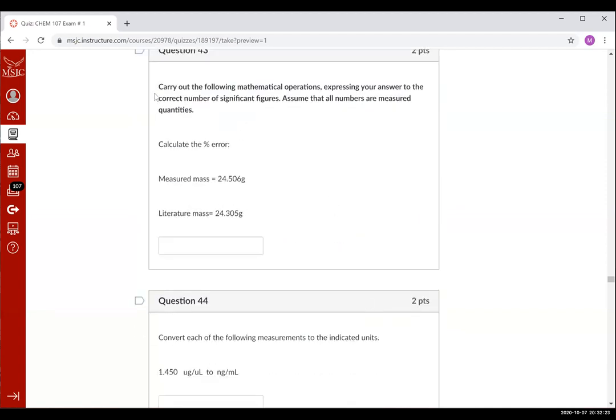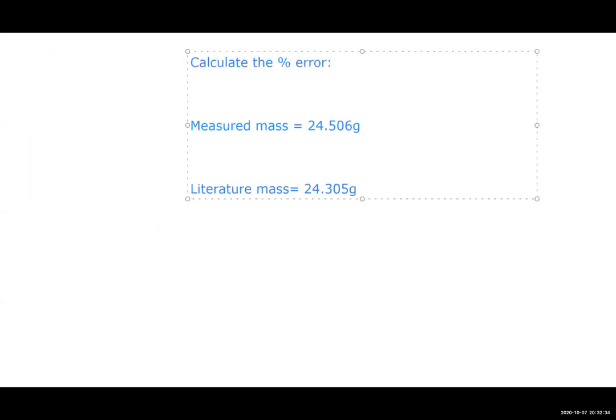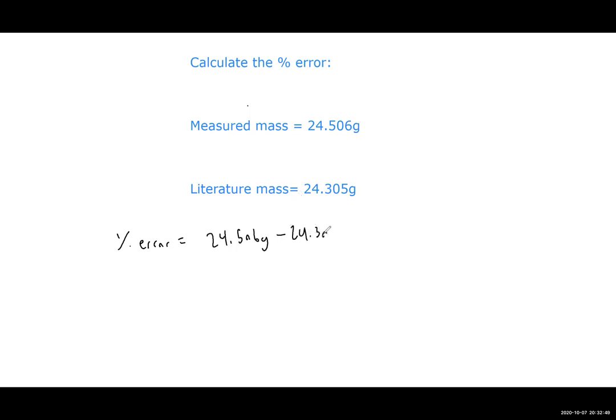So we're asked to carry out the following operation. In this case, we're asked to calculate percent error. So in this case, we know that percent error is equal to our experimental value minus the literature value over the literature value.